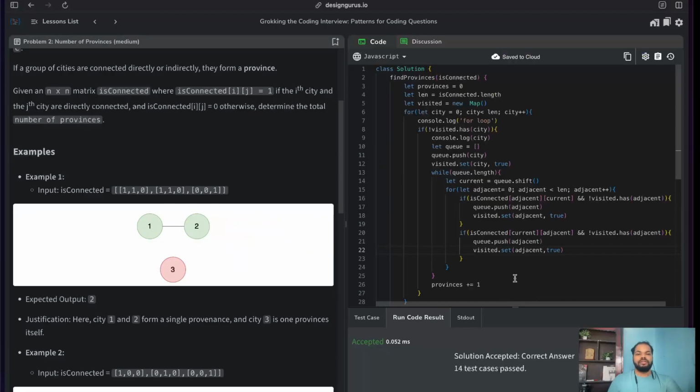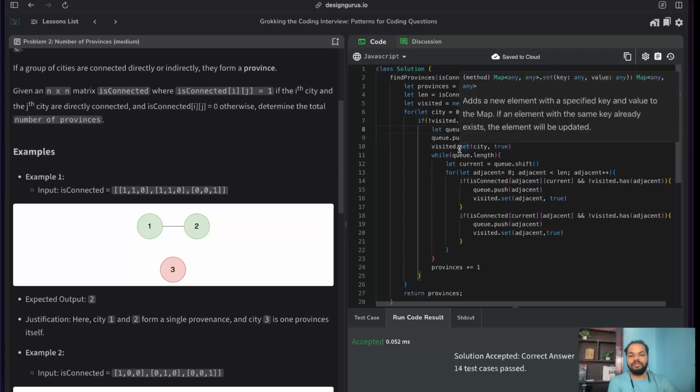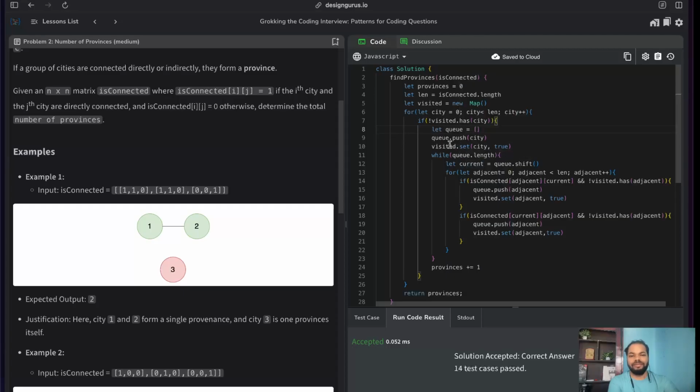So here is the solution for that. We create a for loop to iterate all the cities from 0 to n, and we can remove this and this. If the city is not visited, then we do the BFS, breadth first search.